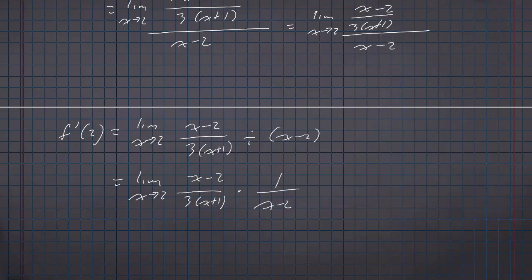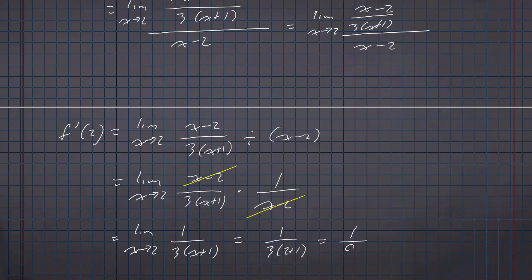And finally, we get to the point where there's an x minus 2 in the numerator and an x minus 2 in the denominator that cancel each other out, leaving me with 1 over 3 times x plus 1. And this I can evaluate when x is equal to 2: 1 over 3 times 2 plus 1, which is 1 over 9.